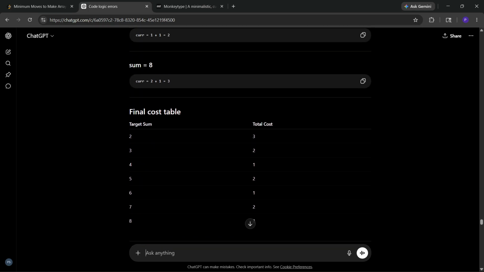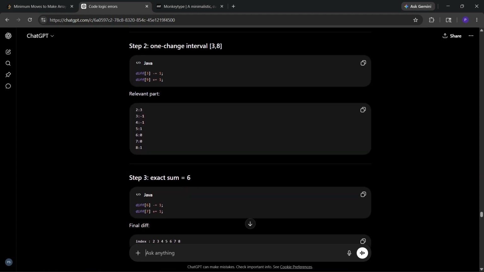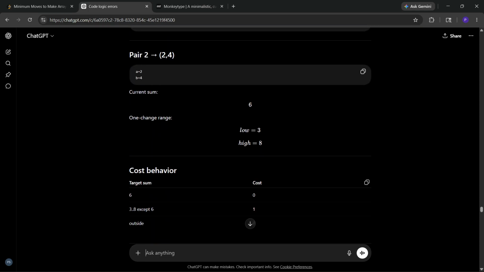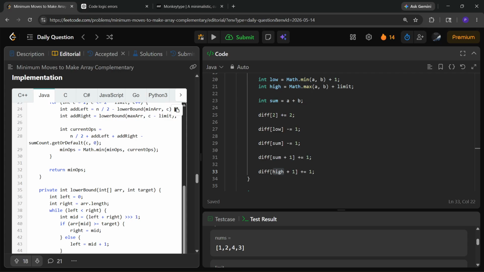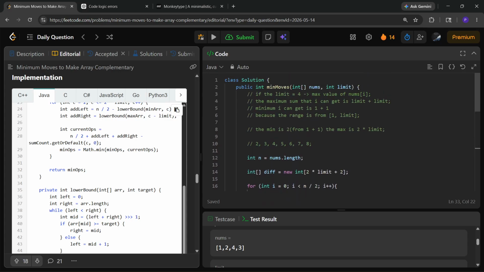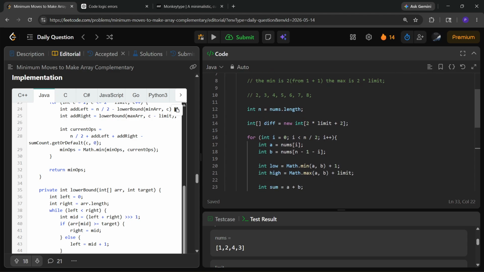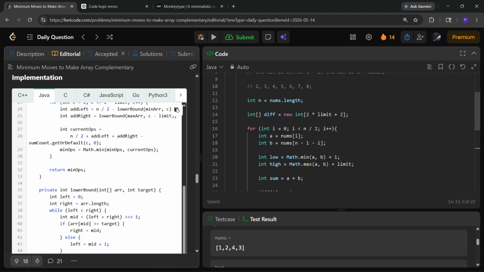So at the end, what is it? It's trying to figure out the cost to reach all the possible maximum sums.